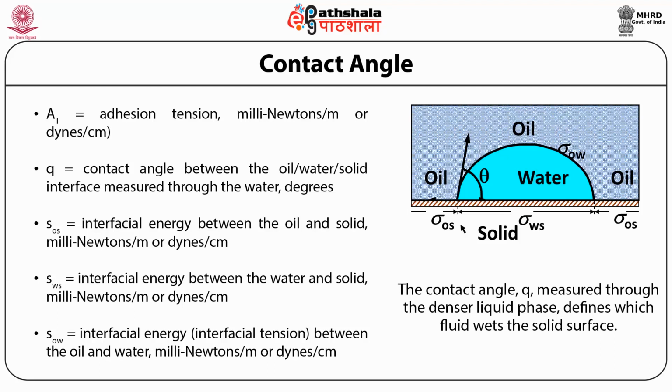If the solid vapor interfacial energy is denoted by sigma Sg, the solid liquid interfacial energy by sigma Sl, and the liquid vapor interfacial energy by sigma Lg, then the equilibrium contact angle theta c is determined from these quantities by Young's equation: sigma Sg minus sigma Sl minus sigma Lg cos theta c is equal to 0.